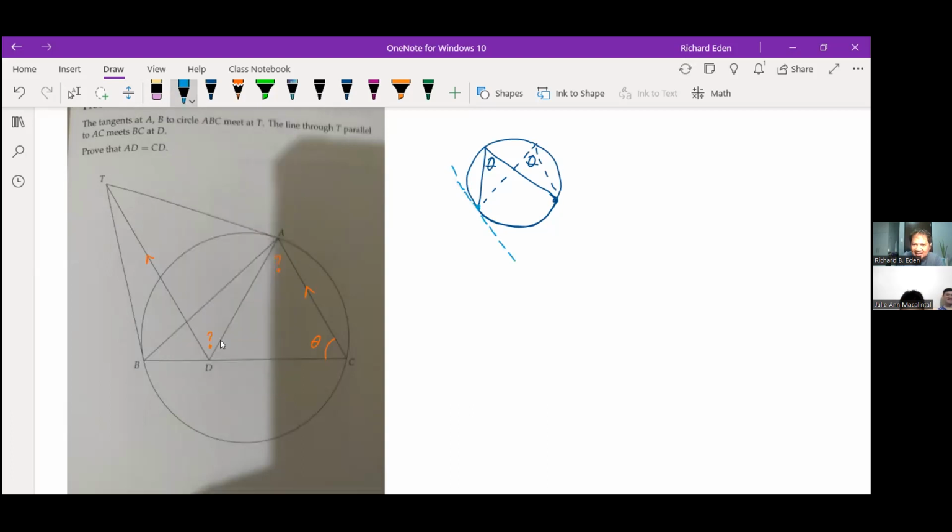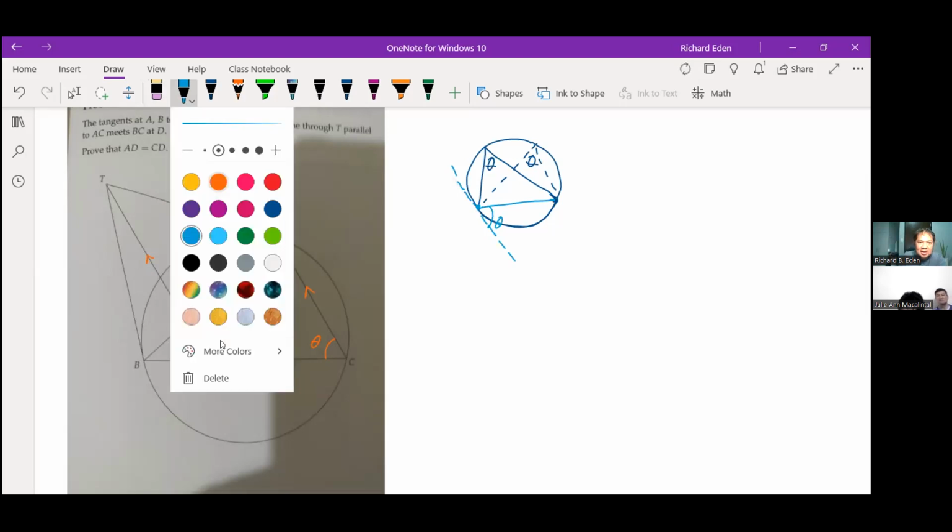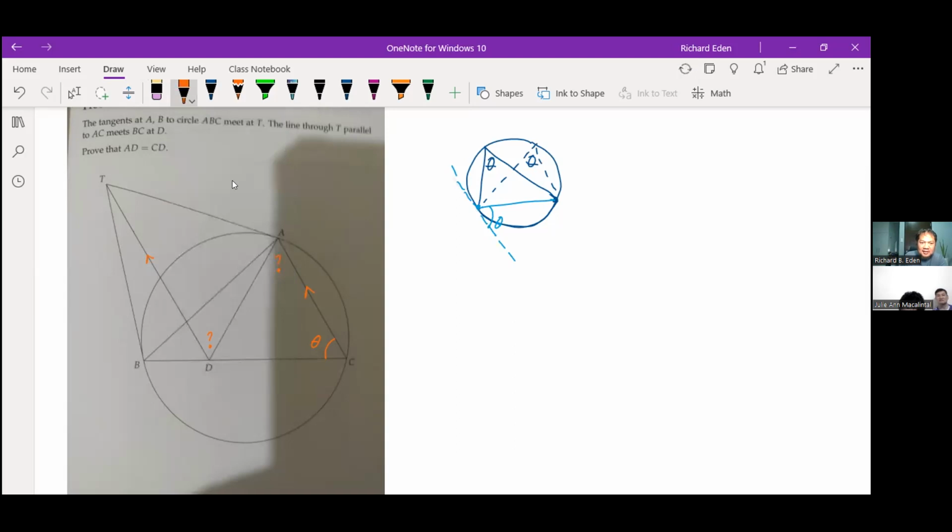So if we connect, that angle is also going to be theta. With the theta angle marked as we did, this is angle theta.